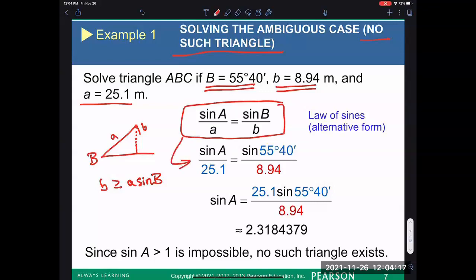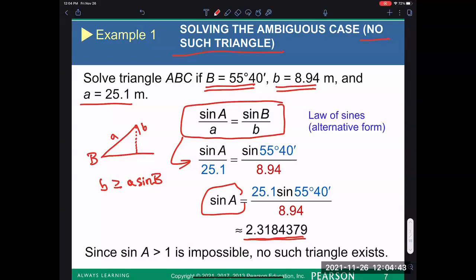In this case, we're given 2 sides and an angle, and so we will be solving for another angle. When we go to solve this, you're going to have sine of A, which you don't know, and 3 things that you do know. So you isolate sine of A, and then to find angle A, sine of A has to be equal to this number here.